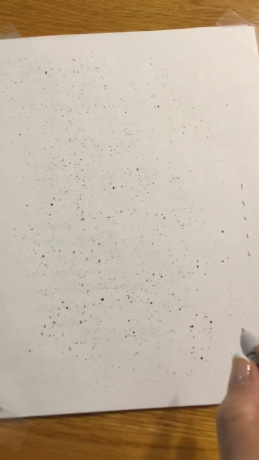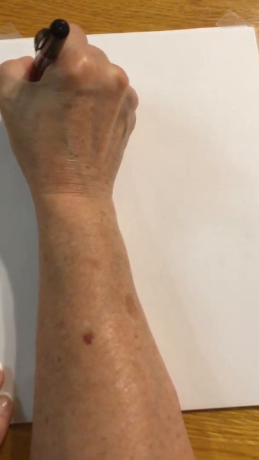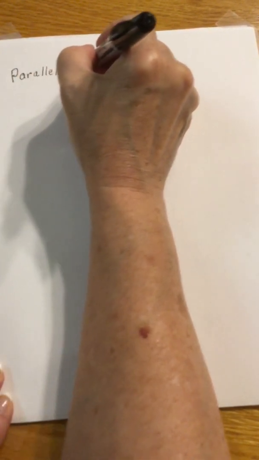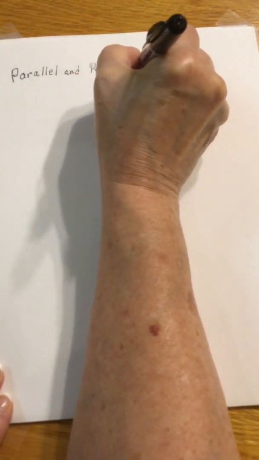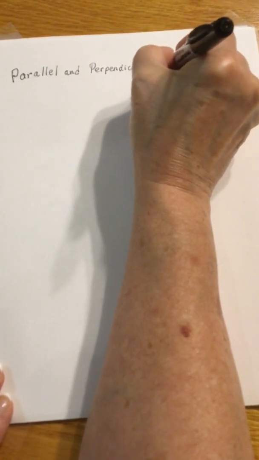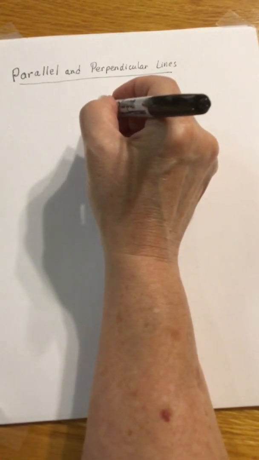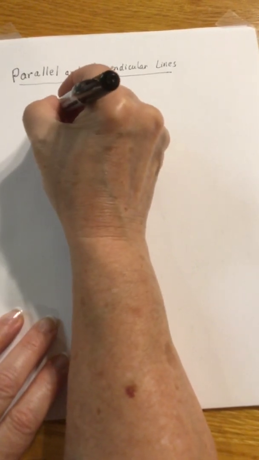Okay, the next thing we're going to look at is parallel and perpendicular lines. Now, when we're talking about parallel and perpendicular lines, parallel are those lines that are the same distance apart.